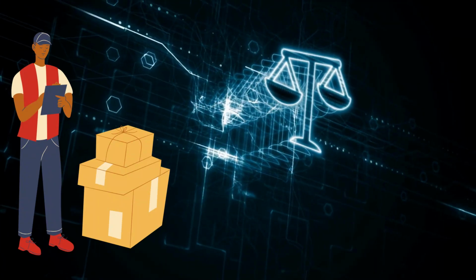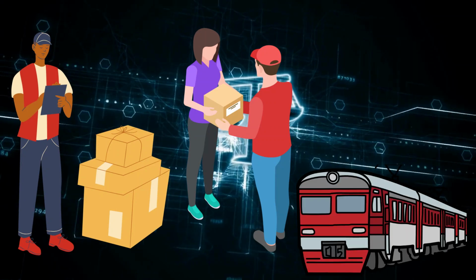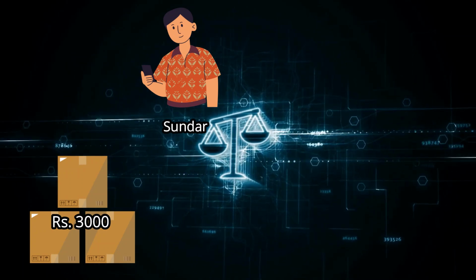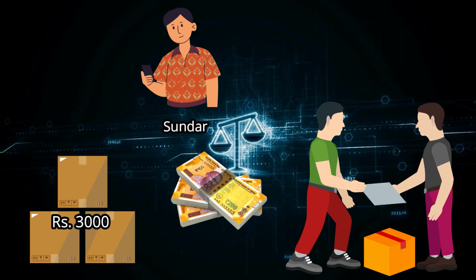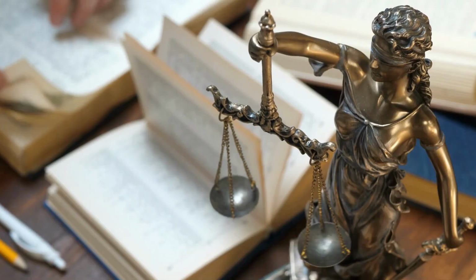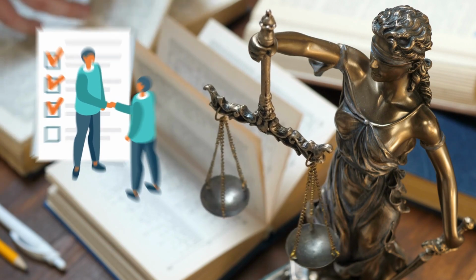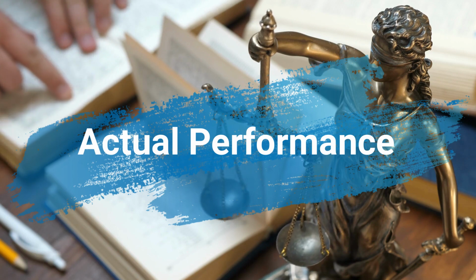So the guard has brought the goods to you through the South Central Railway. Sundar has sent goods to you, you have received the goods, and you have made the payment. Here also the contractual obligations of the parties are fulfilled and this performance is called actual performance, otherwise known as positive performance. Both the parties to the contract have performed their contractual obligation.